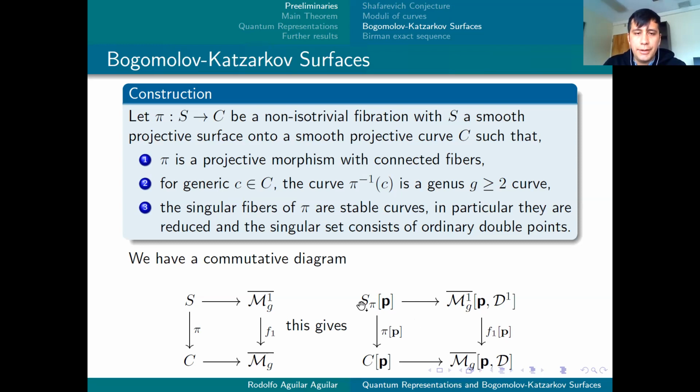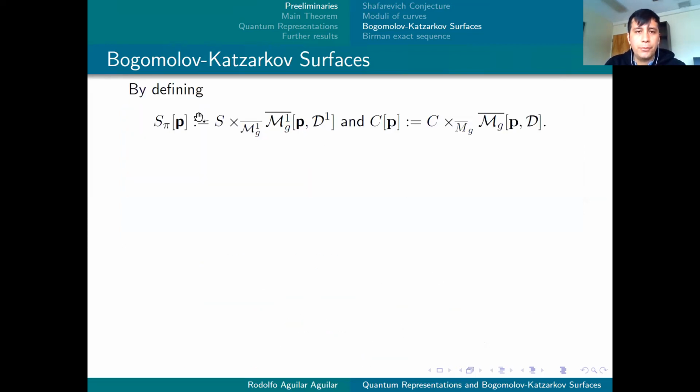Just let me tell you that this commutative diagram will induce some other commutative diagram in the following way. Recall that we have seen this construction that was the root stack construction over this divisor, and we can now have a surface like this that is obtained by a fiber product as follows.